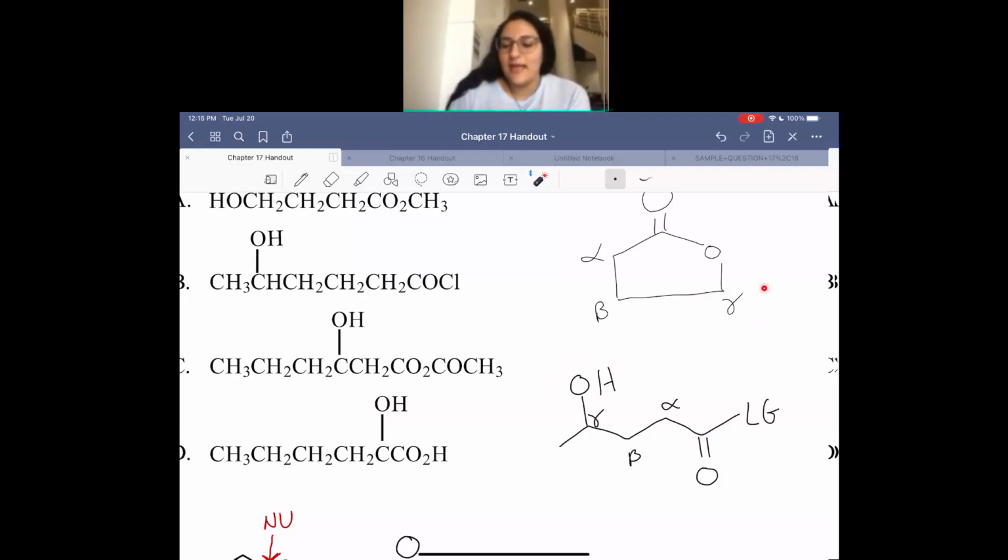So for a gamma lactone specifically, start at the carbonyl carbon. This is alpha, beta, gamma. On that gamma position, you have to have an OH.